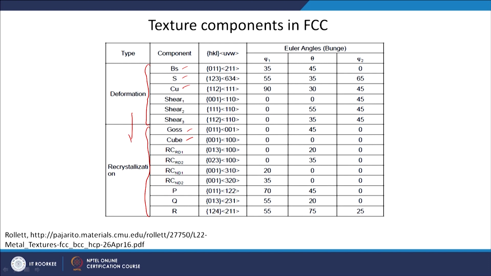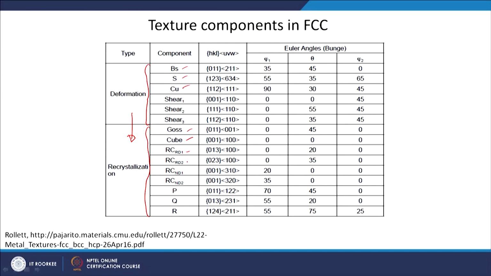Okay. So, deformed material leads to recrystallization. So, there will be some change in the texture components. So, now you will have gauze, cube, rotated cube. Okay, rotated cube means if you put cube, you can rotate it through any of the axes. Okay, so either RD1, RD2, ND1, ND2 and so on.